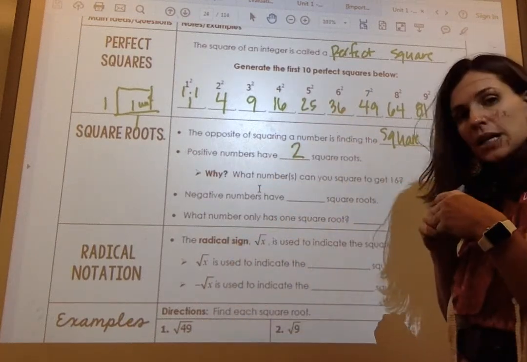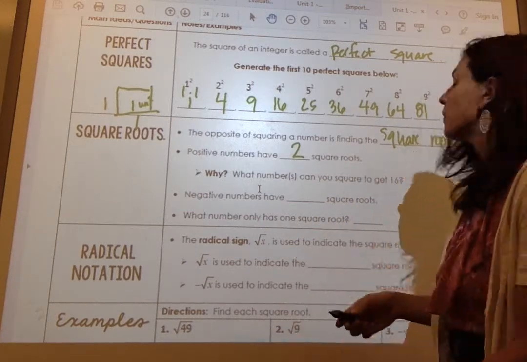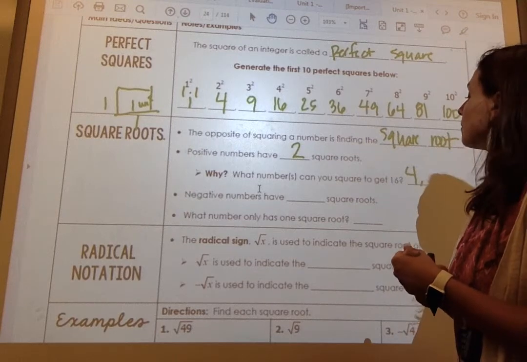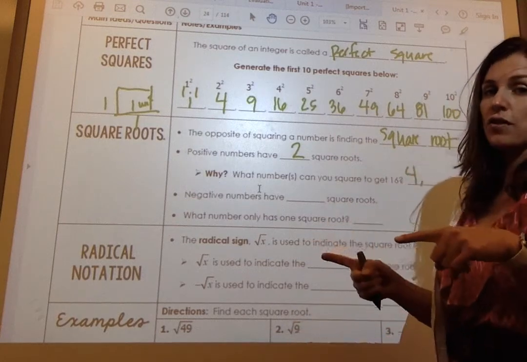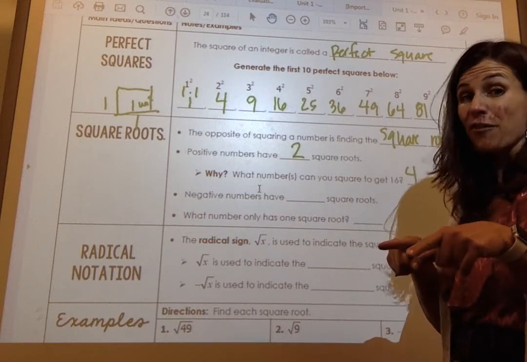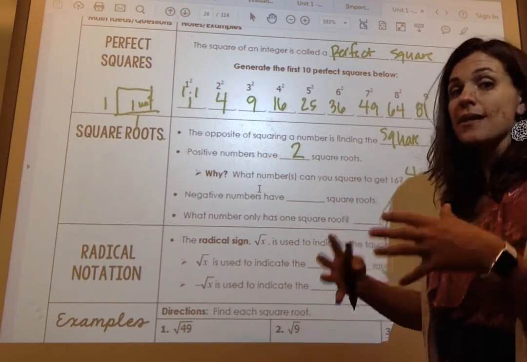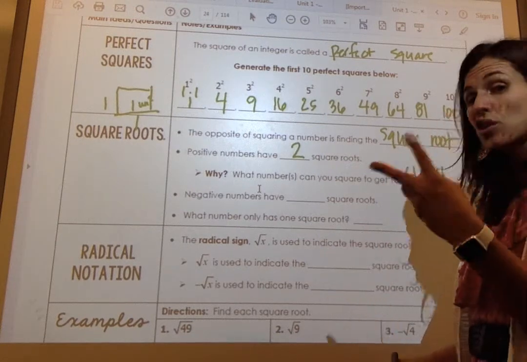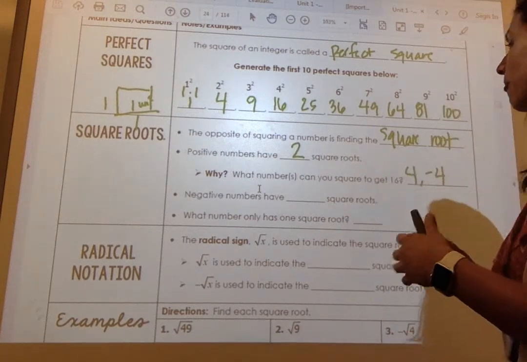So if we want to get 16, well, 4 times 4 is 16, so 4 is going to fit that bill right there. But is there another integer that will give us 16? What about negative 4? Negative 4 times a negative 4 would also give us 16. So there's actually 2 square roots there.